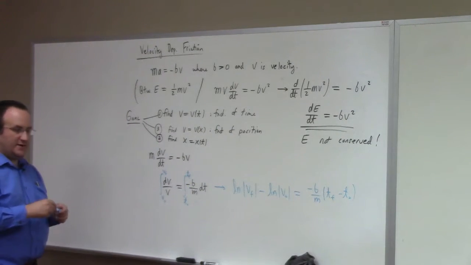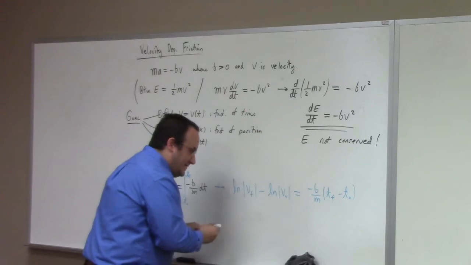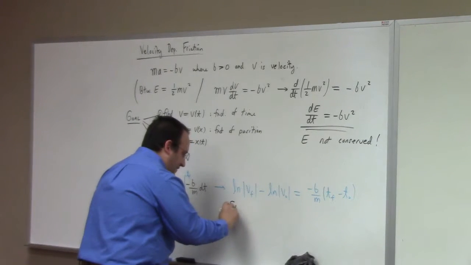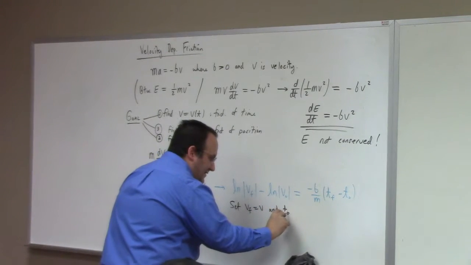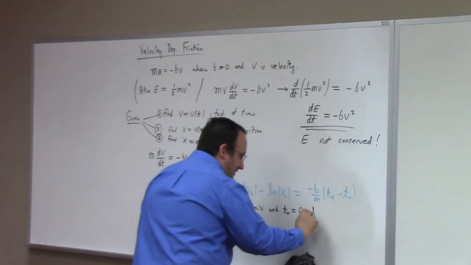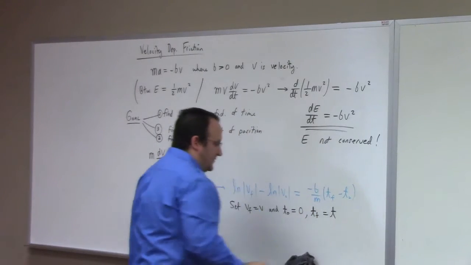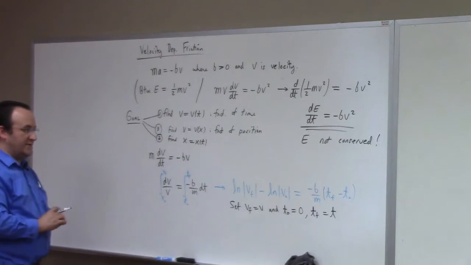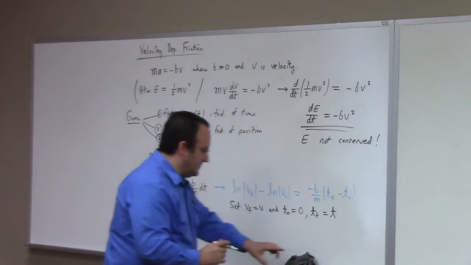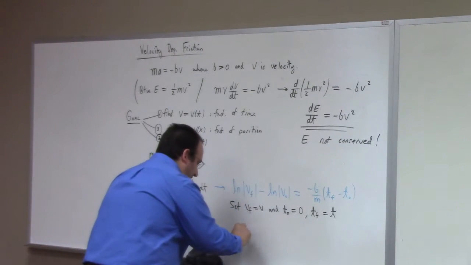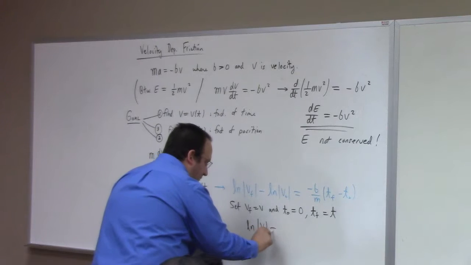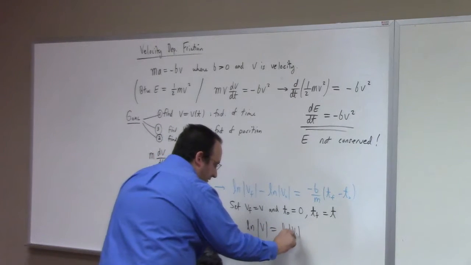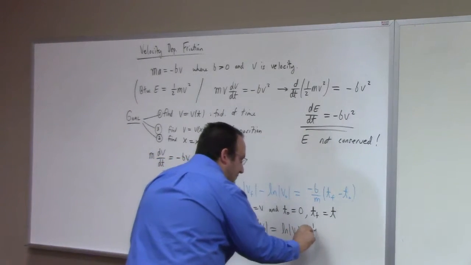Now, if you want to make this formula less annoying, we can set Vf equals V, t naught equals 0, and tf equals T. If I make those rather customary choices, then this is a little bit nicer, right? I get natural log, the absolute value of V, equals the natural log of the absolute value V naught minus bt over m, yeah?